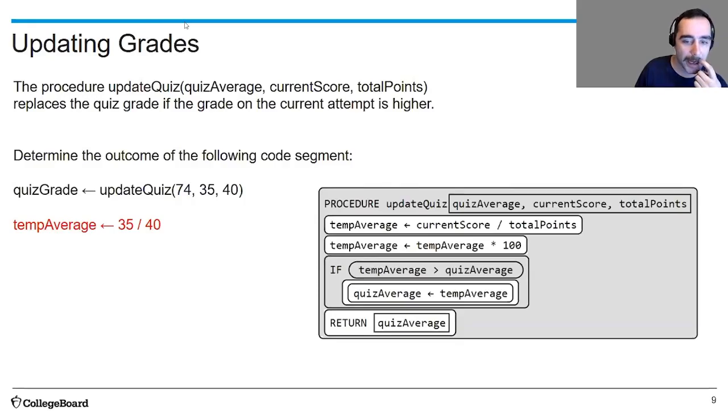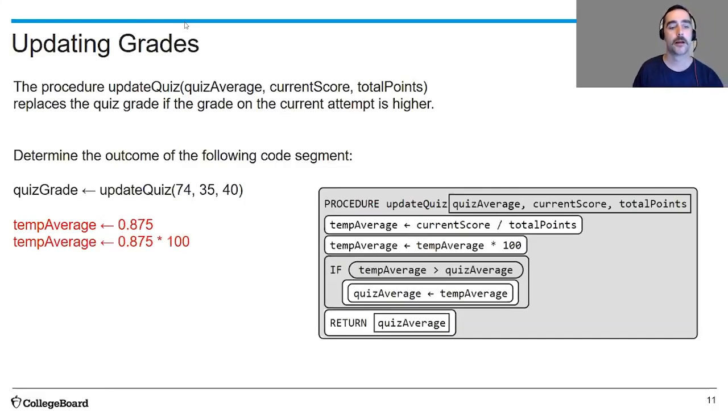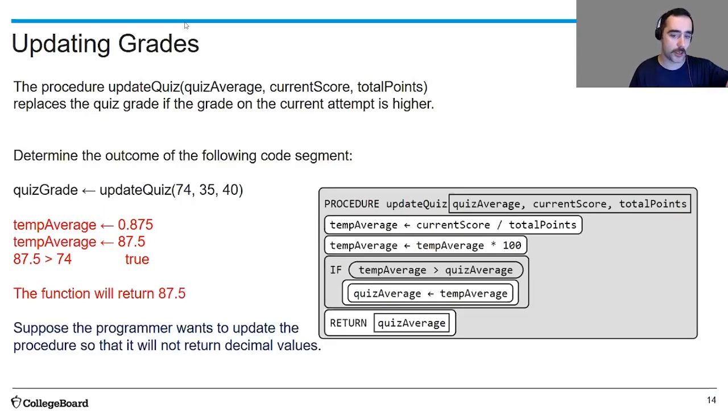And I start out by taking the current score divided by total points. That gives me 0.875. I multiply that by 100. That gives me 87.5. That is higher than the old quiz average. So the quiz average will be changed to be 87.5, and the function will return 87.5.